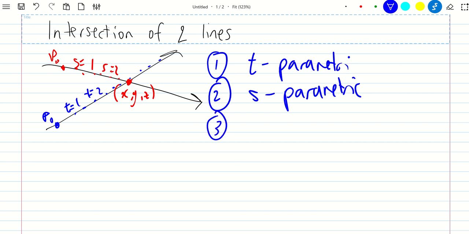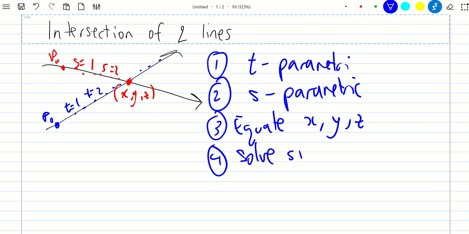Then you want to equate the components, x, y, z. And then you're going to try to solve the simultaneous equations to see what happens. If you get a solution for those three, then that will be your intersecting point.